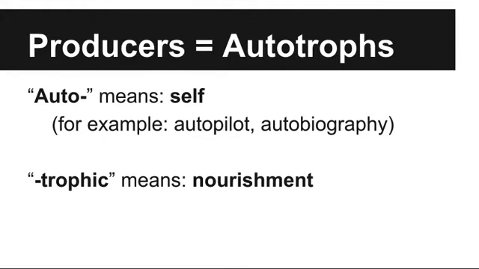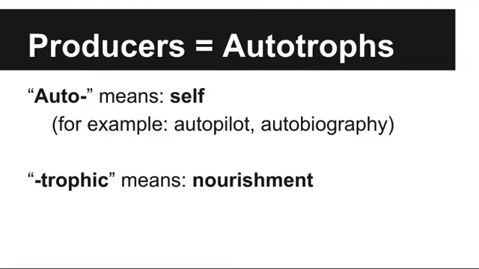Let's first remind ourselves of a little bit of vocabulary we learned in our last unit. We learned about producers. We also learned this vocabulary term called autotrophs. Auto means self. Think about an autopilot, an autobiography. These are examples of things that they do by themselves. Autopilot means that the plane can fly itself.